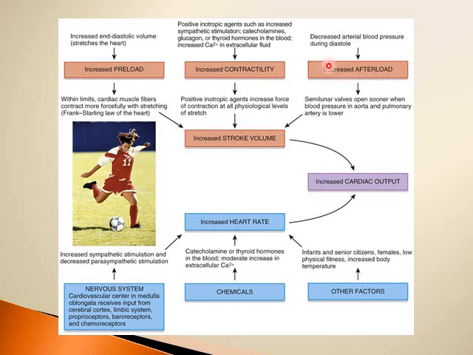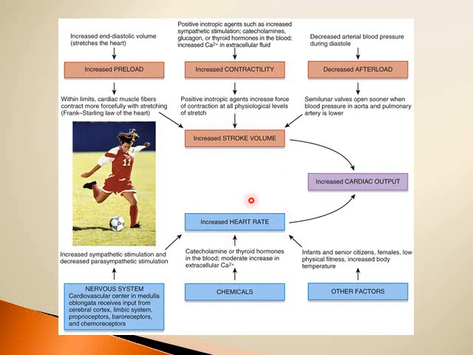The afterload is the pressure against which the ventricles eject blood. So if we want to increase the stroke volume, we have to increase the preload and/or increase the contractility and/or decrease the afterload. So if we decrease the afterload, or the resistance or pressure against which the ventricles pump blood, then the stroke volume will increase.